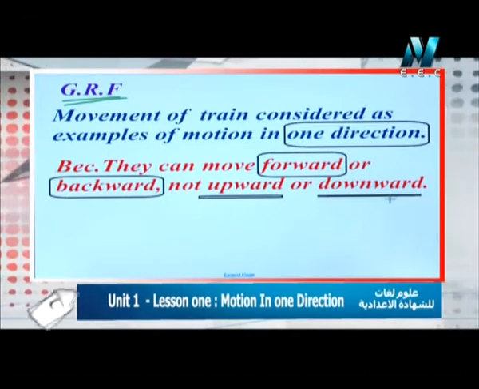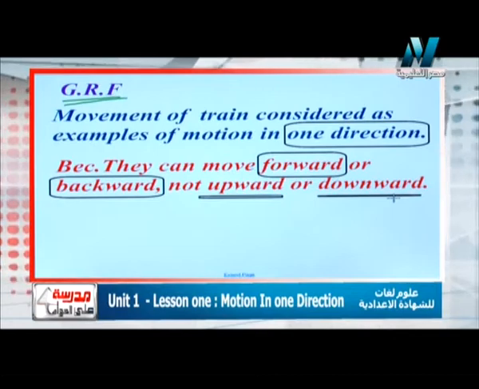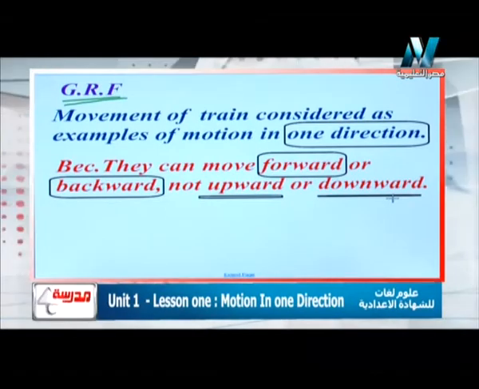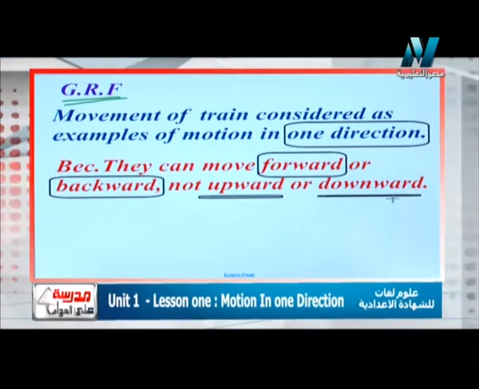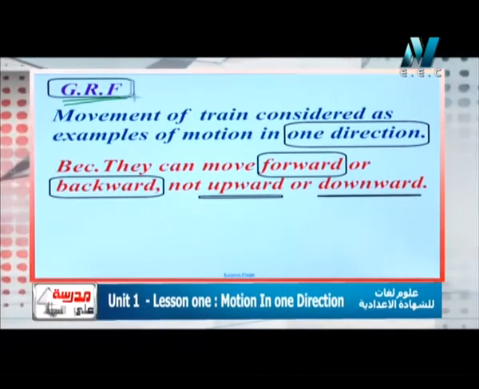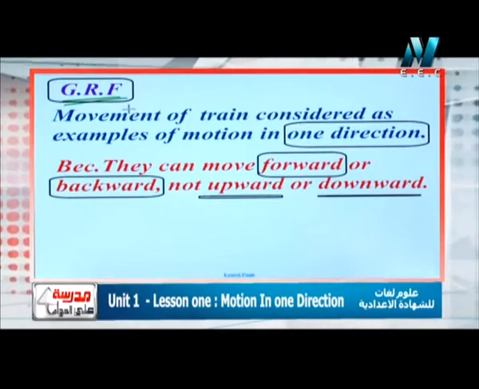So any object, such as the motion of the moon around the sun or around the earth, moves in one direction، بيتحرك في اتجاه واحد بس. Okay, not in many directions. So here we should know the first give reason in our syllabus in this year.